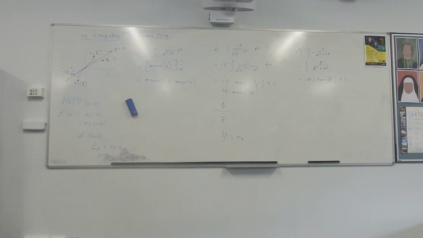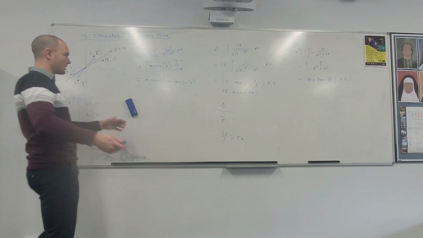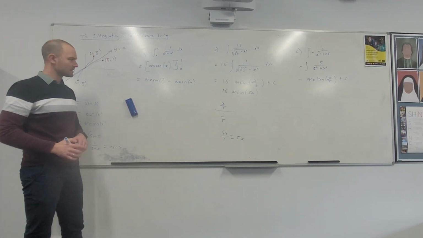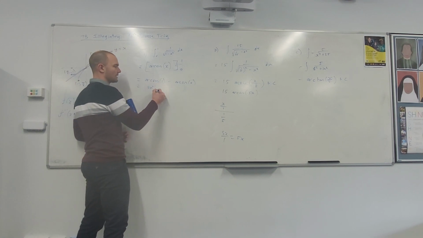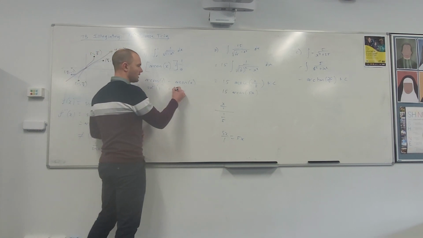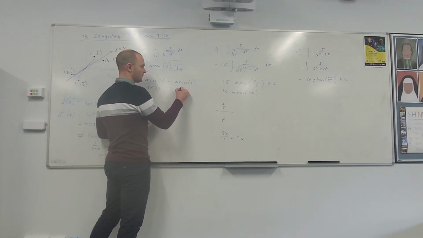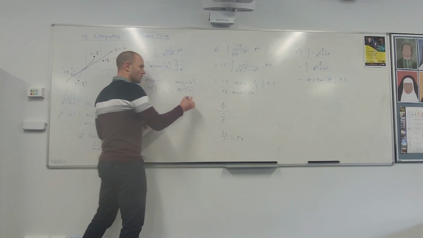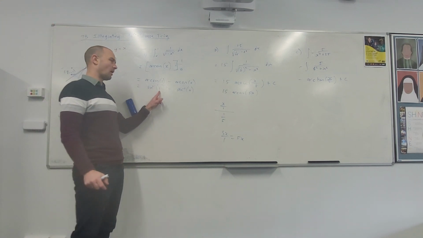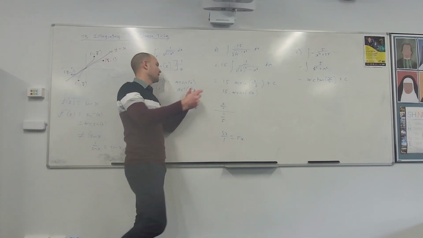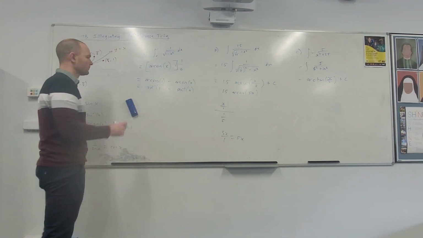Okay, so how can we evaluate those? Well, what is arcsine? If I write it a different way, it's going to make a lot of sense for you. Arcsine of x is the same as sine to the minus 1 of 1 and sine to the minus 1 of 0. What it means is, what is the angle that gives us the sine value of 1? What is the angle that gives us the sine value of 0?